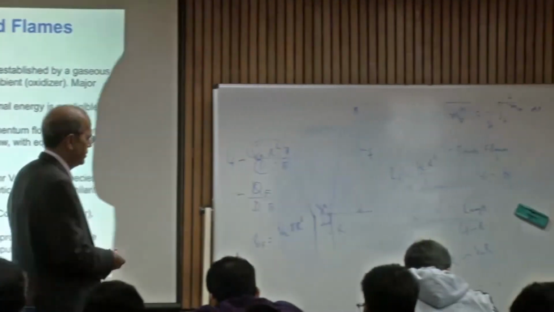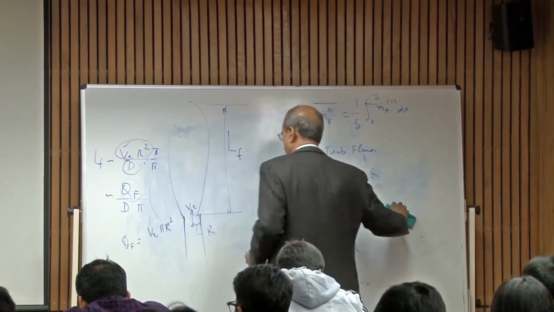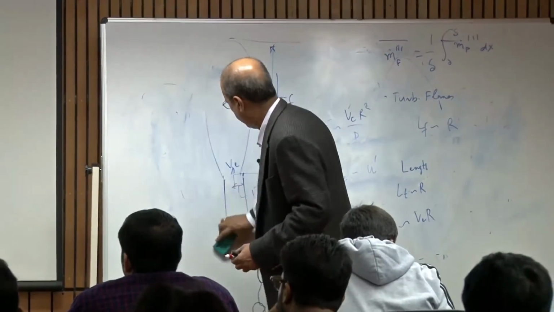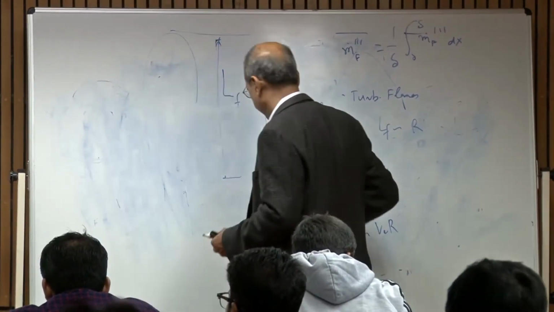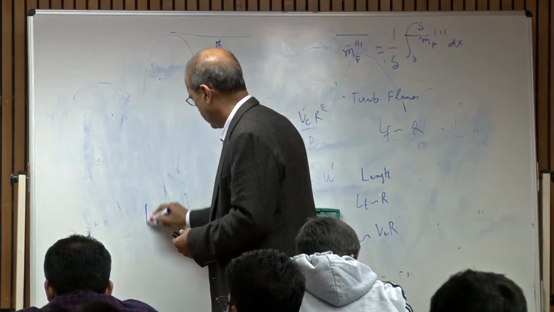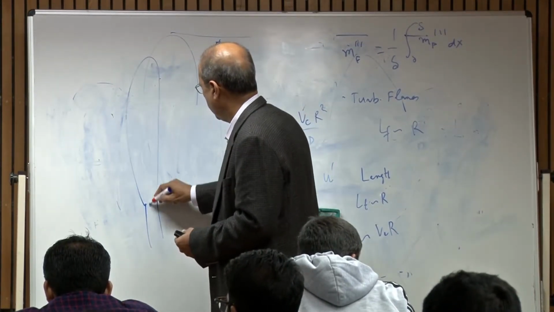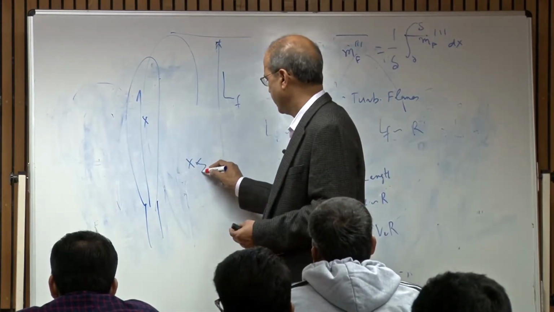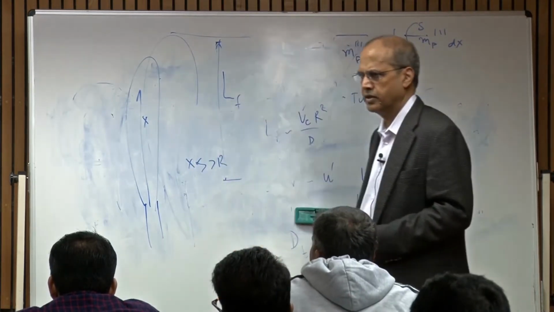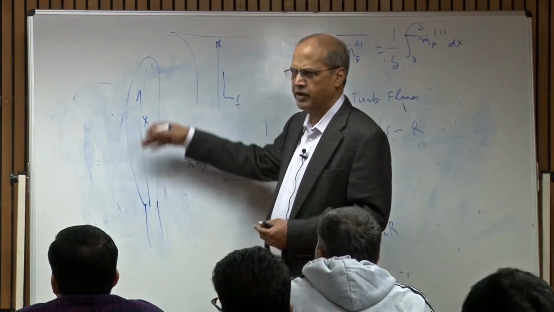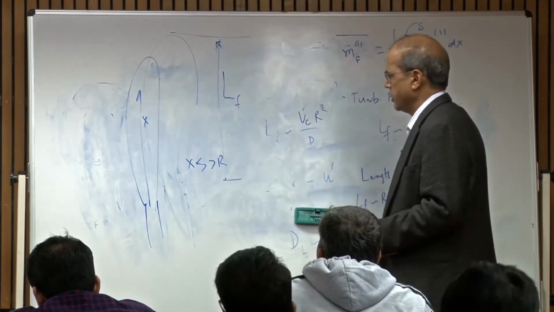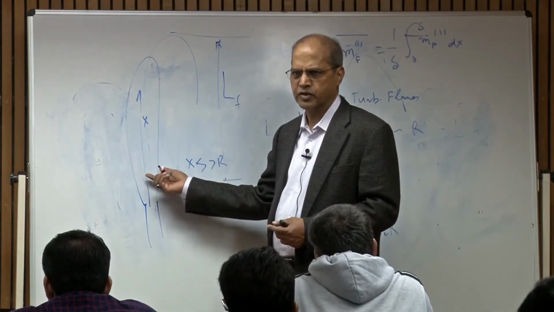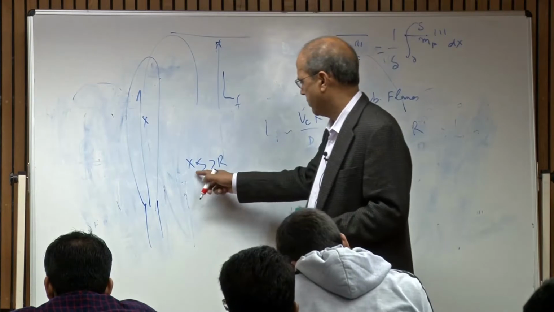This is like a jet mixing layer, which is like a shear layer flow. In this flame, the axial lengths are much larger than the radial lengths. This may be of the order of a meter or half a meter, or like 30-40 centimeters, where this will be about a centimeter or so. So this is much larger.